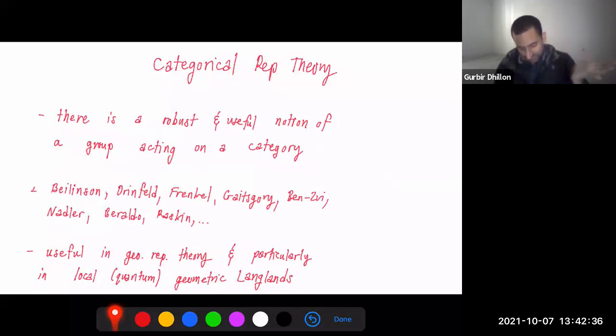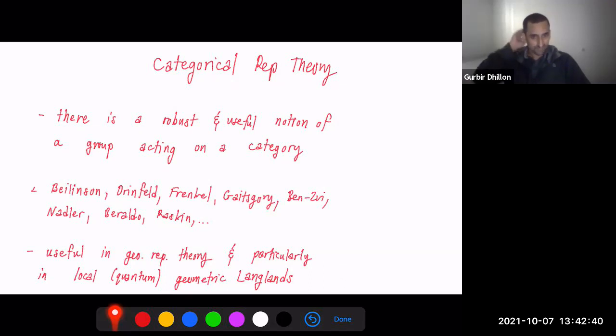The tool that lets you do this is called categorical representation theory. The basic idea is pretty simple: in normal life you're used to having groups acting on vector spaces, and there is a nice and useful similar theory where you have groups acting not on vector spaces, but on categories. A lot of people's ideas have gone into this.